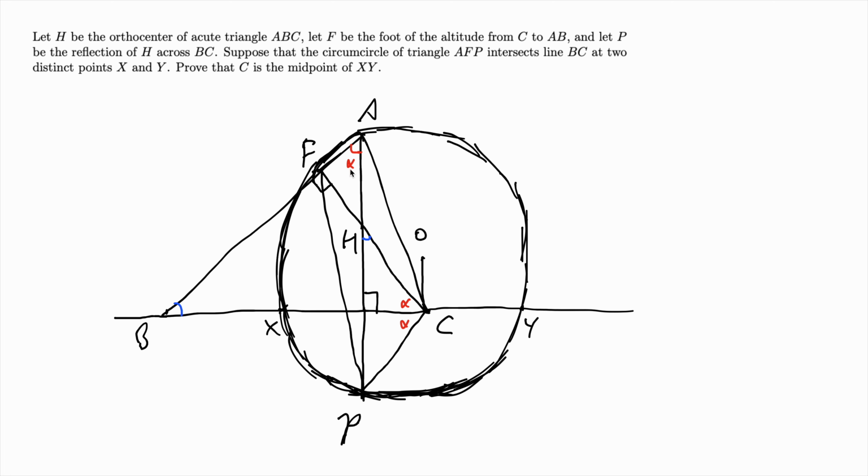Okay, then let's connect our line like this, F to O. The reason we did this is because, considering the chord FP, this angle right here, FOP, is 2 alpha. Therefore, FOCP is cyclic.